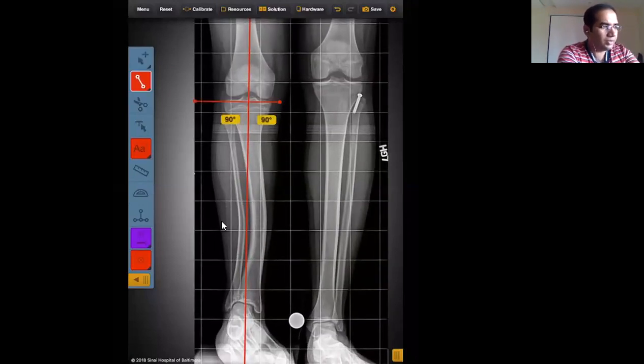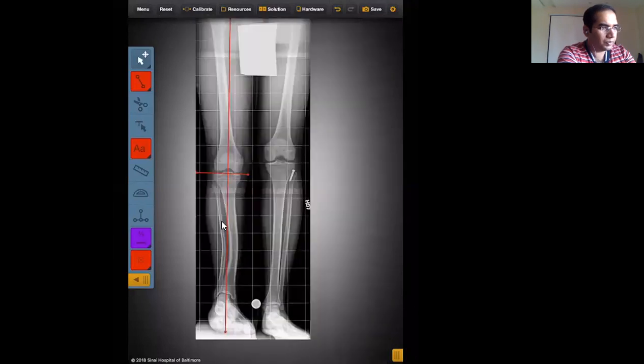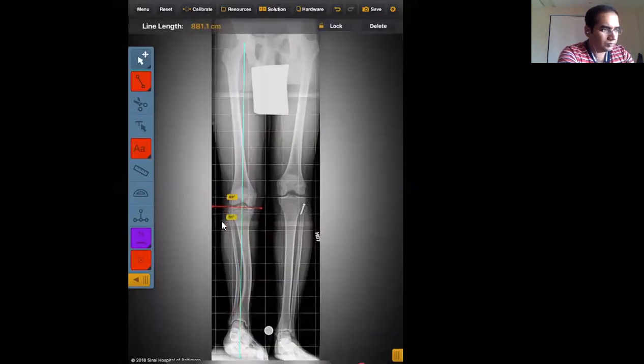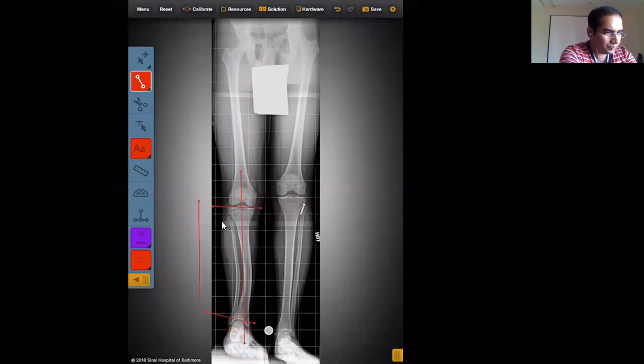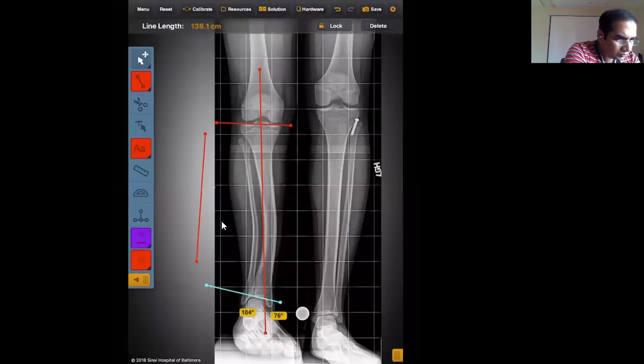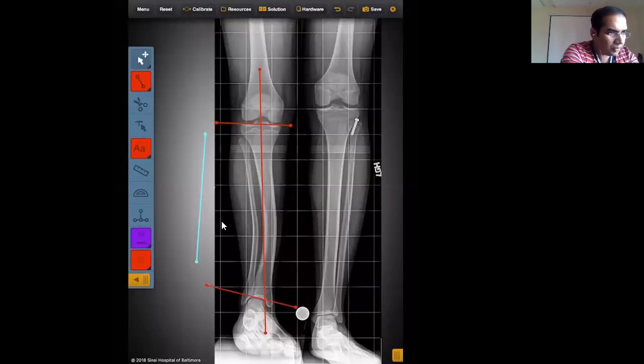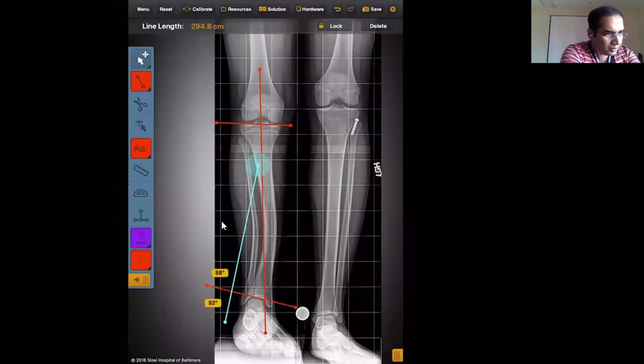You will draw your reference lines: the reference line of the femur, then the tibia, a 90 degree line, lateral distal femoral angle, tibial angle.